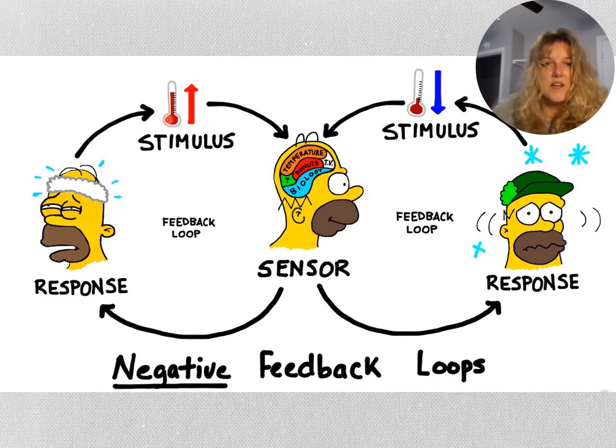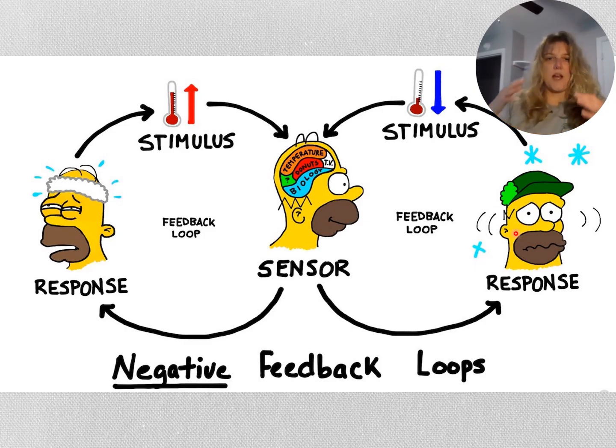We're getting hot and we're opposing the stimulus. That's what they mean by negative feedback. They're opposing the stimulus. Same thing over here. If we cool off too much and we get cold, then our body is going to oppose that and try to warm up by shivering. That is also considered a negative feedback.